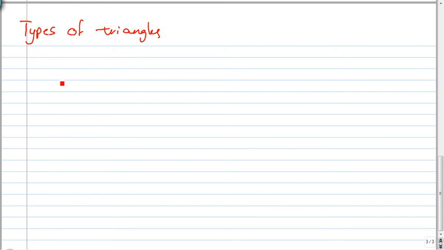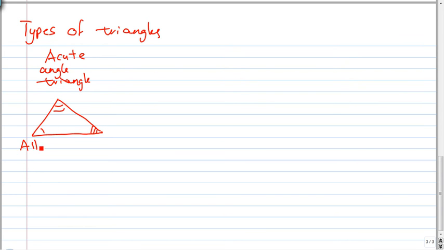You can classify your triangle according to its angles. First, the acute angled triangle: all three angles are acute.